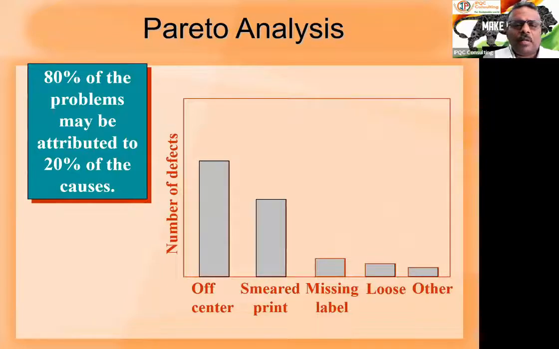Pareto chart is the one I already said. 80-20 is the one thing. 80% of the problems may be attributed to 20% of the causes.